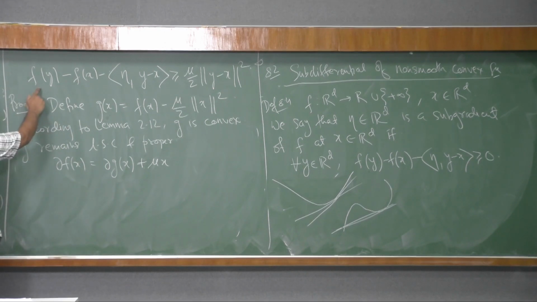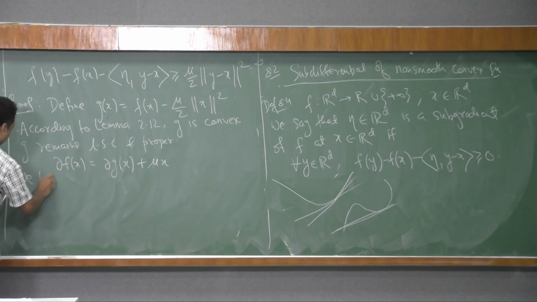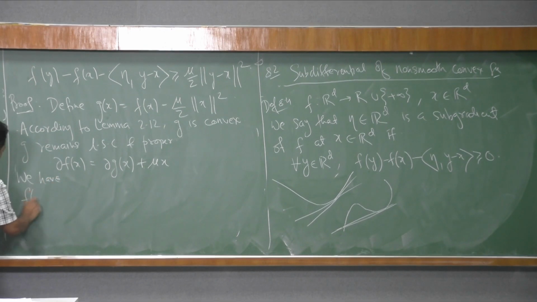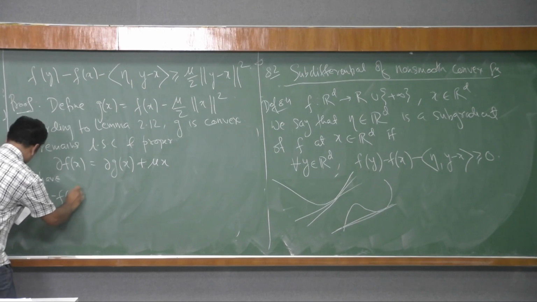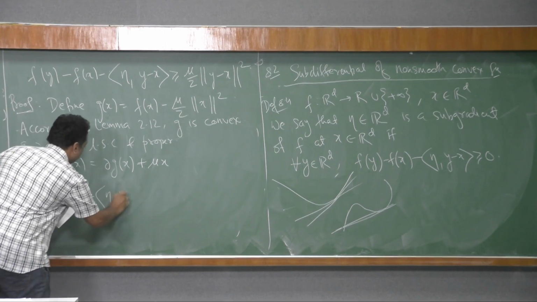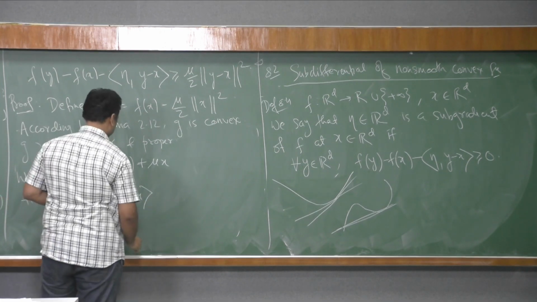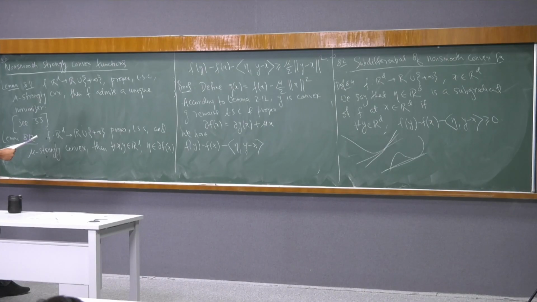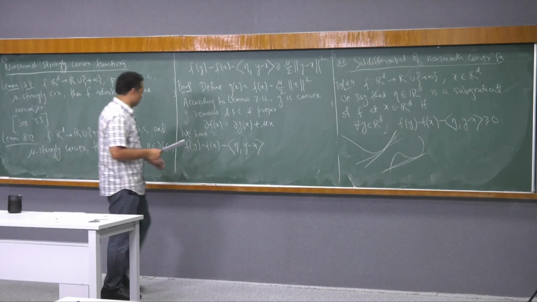Let us start from the left hand side: f(y) minus f(x) minus eta times (y minus x). We will write f in terms of g, so f(y) will be g(y) plus mu by 2 norm y squared, and so on. Okay, let us do this.